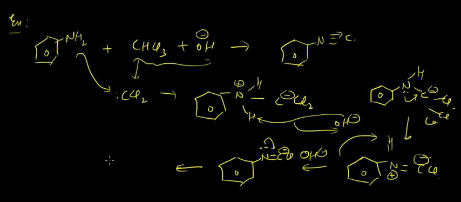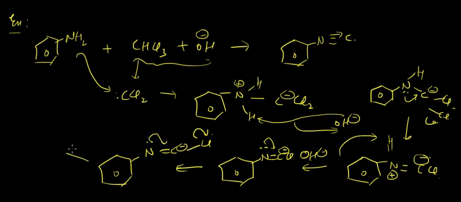Next what will happen is again, as the triple bond is forming between the nitrogen atom and the carbon atom, this Cl will actually detach itself from the carbon atom, and the bond will be formed between nitrogen atom and the carbon atom. So this is isonitrile formed.